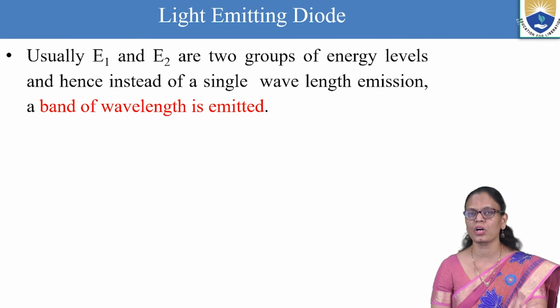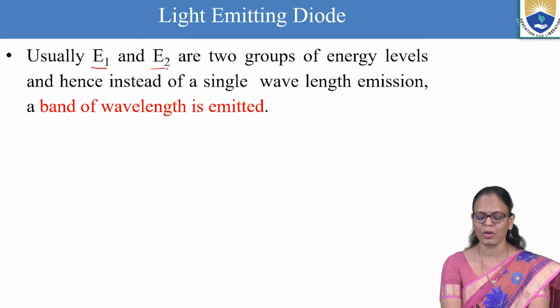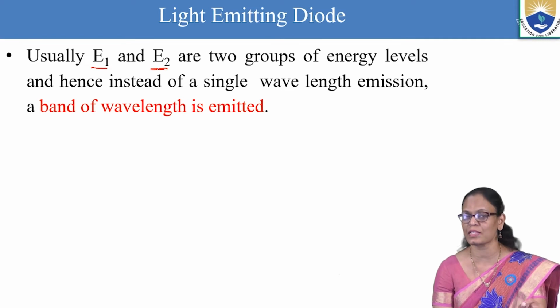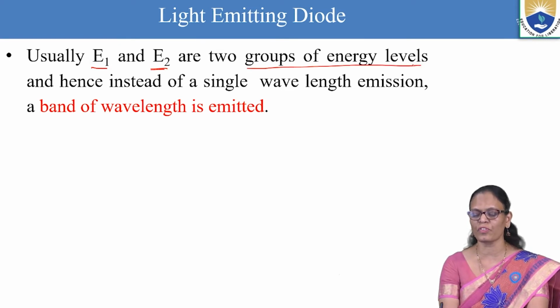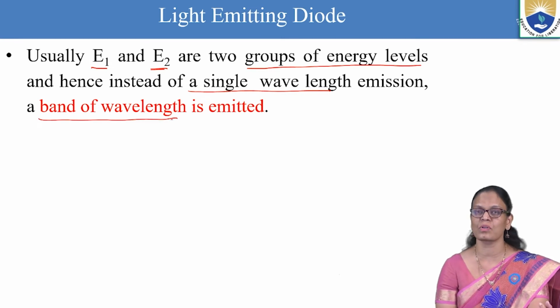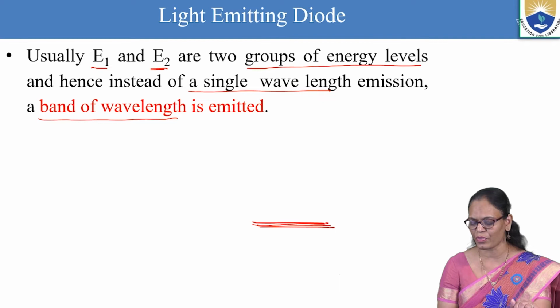Now whenever we are talking about this transition, E1 and E2 may not be single energy levels. There is a possibility that there may be groups of energy levels. So when emission takes place, instead of a single wavelength, a band of wavelength is also emitted. So whenever we are talking about light, it may not be a single wavelength, because I may take the energy levels of E1 very close.